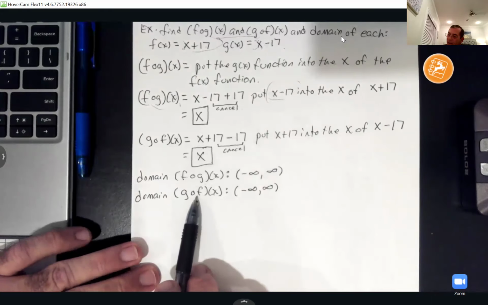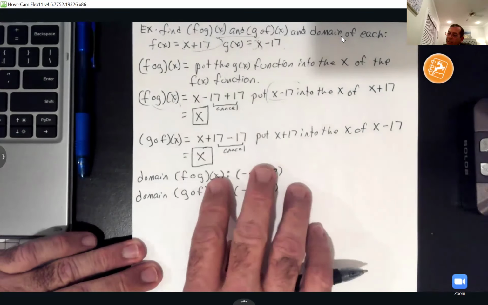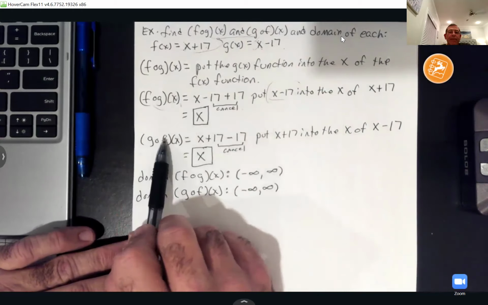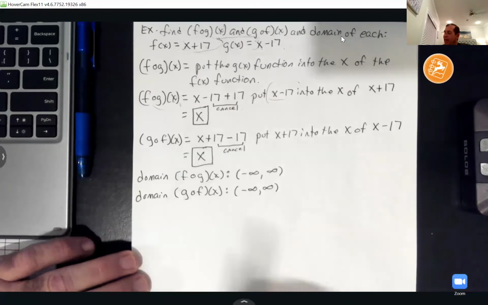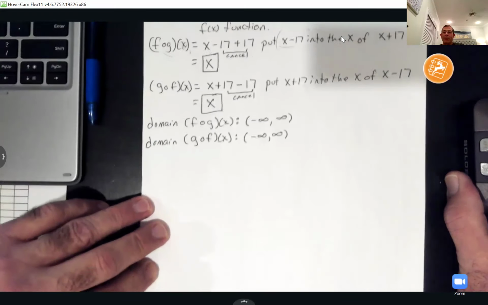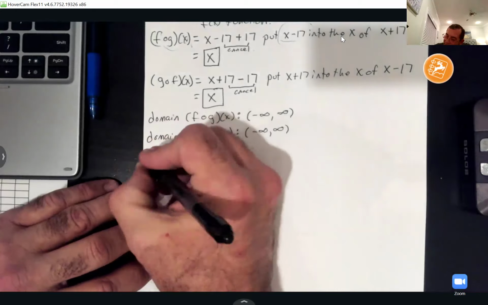Okay, so watch out. There's like 4 problems in here: f compose g, g compose f, and then the domains of each, okay? Well, y'all, these ones are a little trickier than the others.